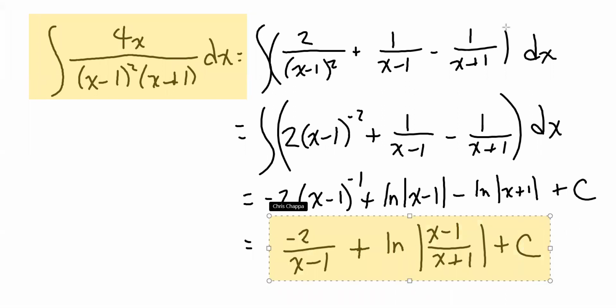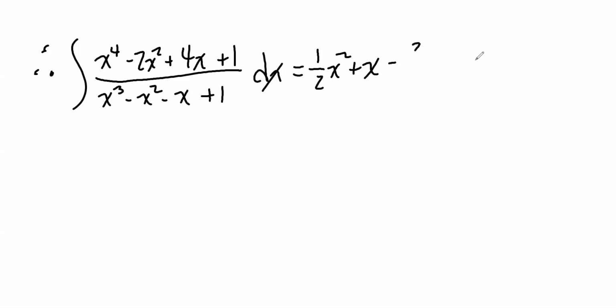Pull that negative off of that first fraction and put it in front. Get my answer here. There it is. Minus 2 over x minus 1 plus the natural log of the absolute value of x minus 1 over x plus 1 plus a constant, and that better be a good place to stop.